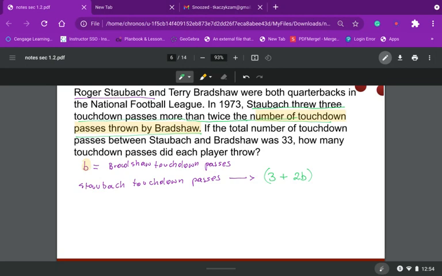So our equation, which will help us to solve this problem, we know that together they had 33 touchdown passes. So Bradshaw touchdown pass, which is B, plus Staubach touchdown passes, which we express by 3 plus 2b, equal 33. And we just need to solve this equation.